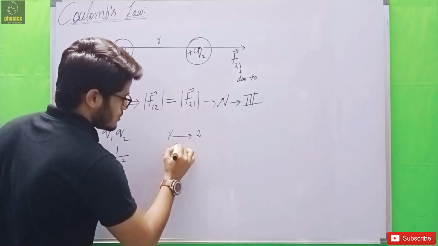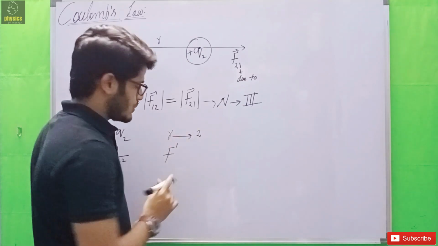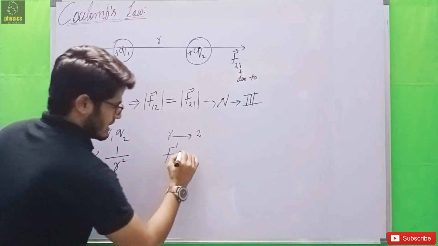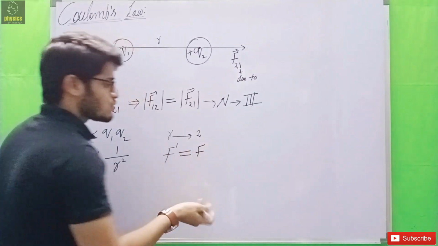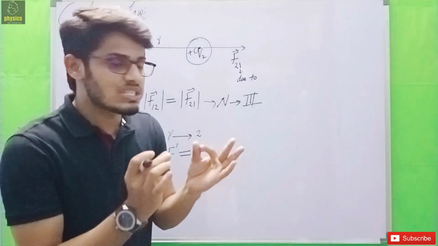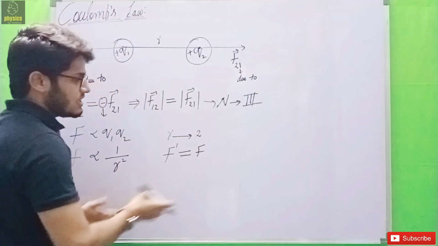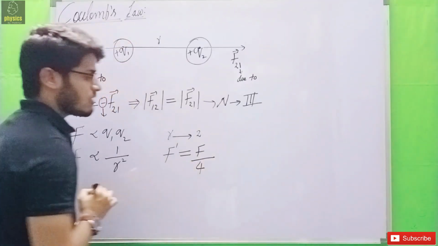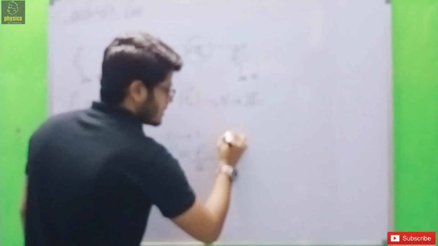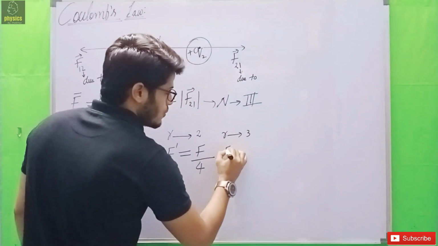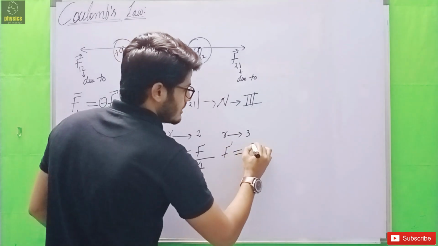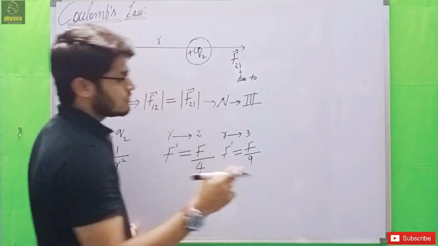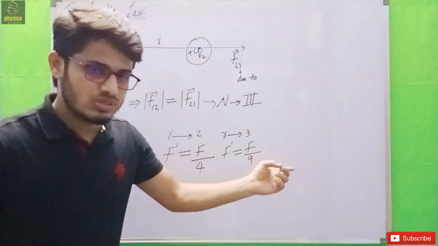The present force after increasing the distance by 2, which I represent with F dash, will be equal to the initial force, when the distance was just 1, divided by 4. If the distance increases by 3, the new force will be 9 times less than the initial force.